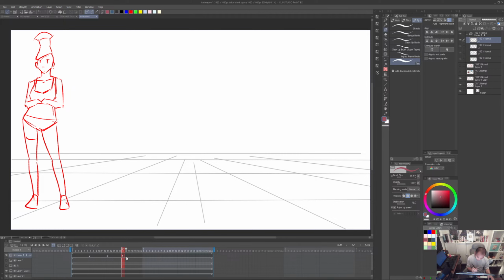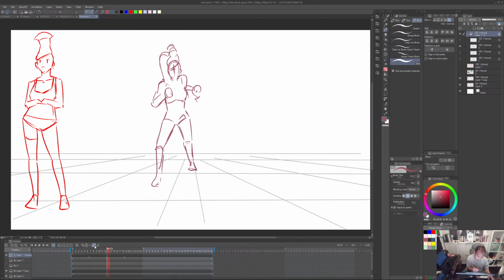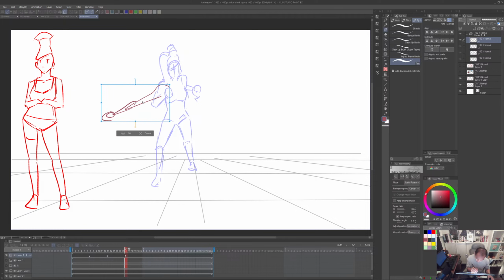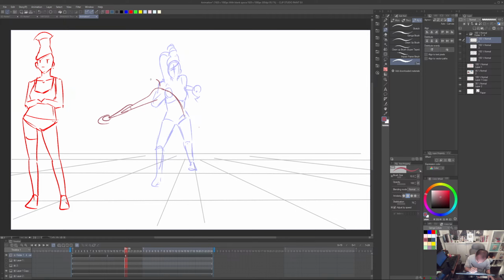I don't know if I'm making sense, but I have a very good next pose over here, which probably will be another pose, to really establish.